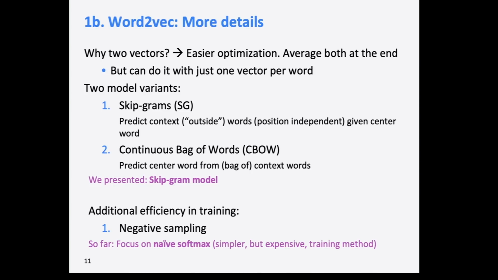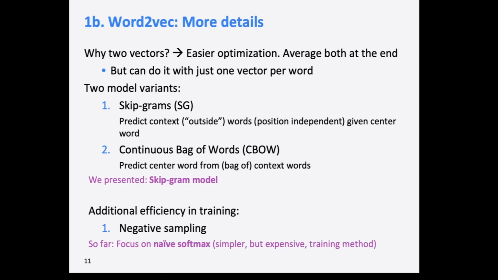What I presented was the skipgrams model, where you've got one center word and you're trying to predict all the words in context one at a time. For the continuous bag of words model, it's the opposite. You've got all of the outside words, and you use all of them, though considered independently like a naive Bayes model, to predict the center word.